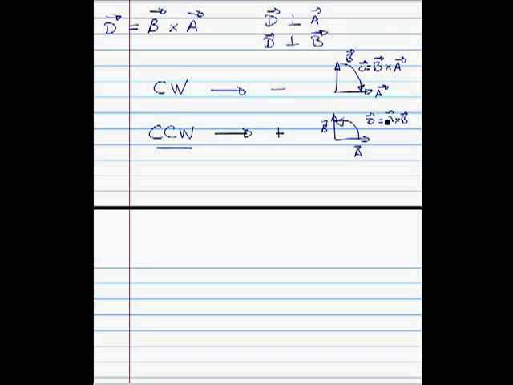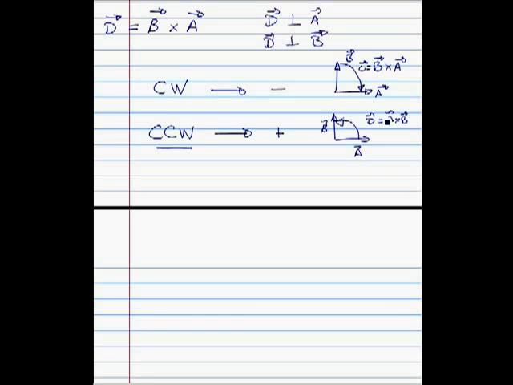So remember, the big difference between the cross product and a dot product is that first, the dot product is a scalar, while the cross product is a vector. Second, the dot product commutes, but the cross product doesn't. So whether you're taking A cross B will give you a different vector than B cross A. The magnitude will be the same, but the direction will be opposite.